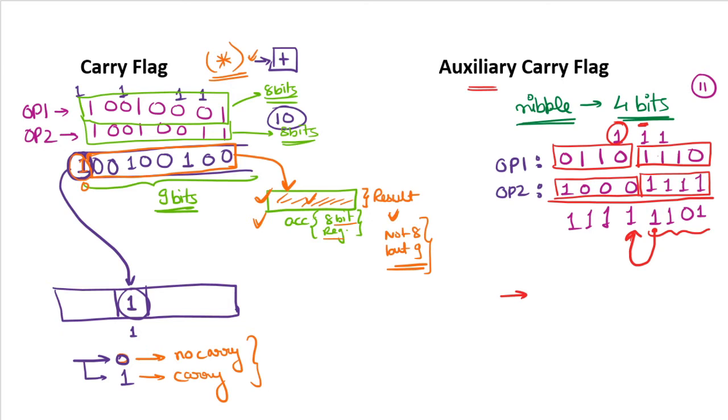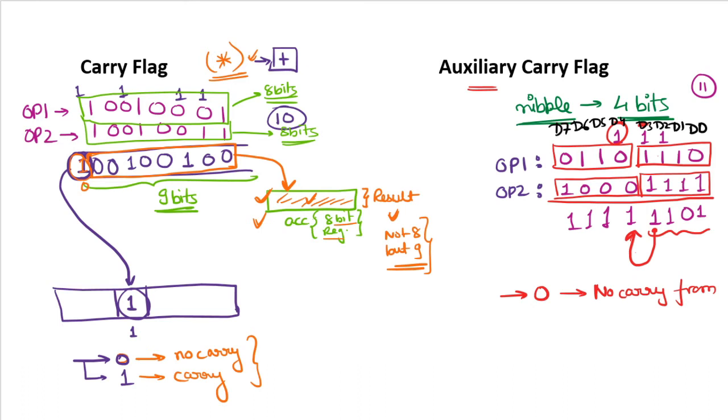Therefore, whenever auxiliary carry flag is 0, that means there is no carry. Let's represent the bits as D0, D1, D2, D3, D4, D5, D6, and D7.